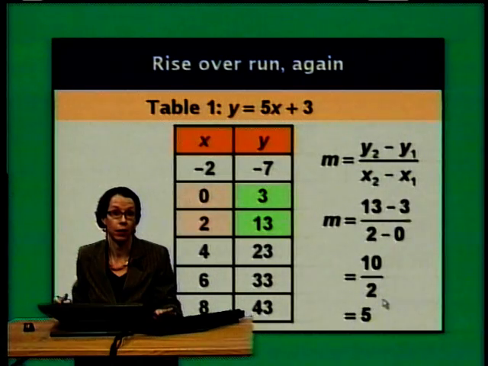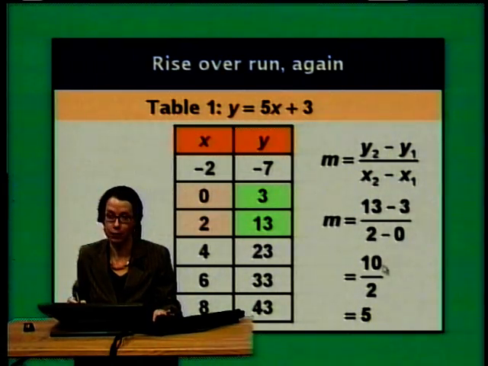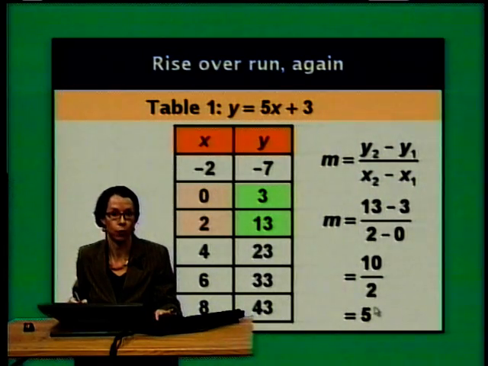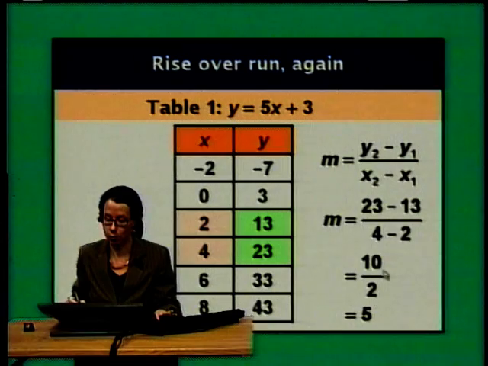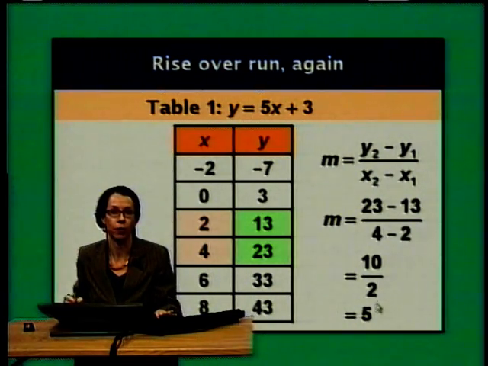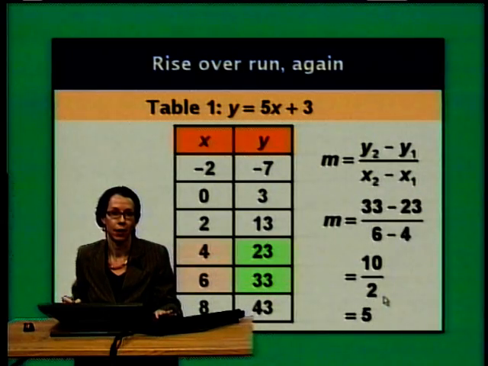So taking the second 2 points, I get a rise of 10 over a run of 2 for a slope of 5. Next pair of points gives me a rise of 10 over a run of 2, or a slope of 5. This happens regardless of the pair of points I choose.